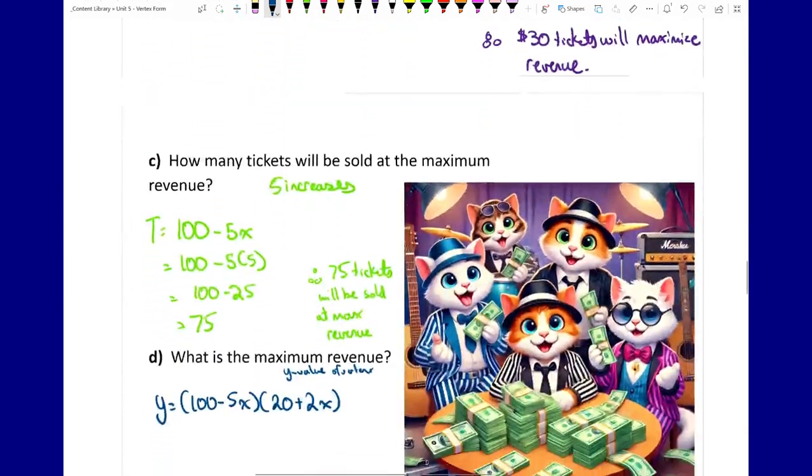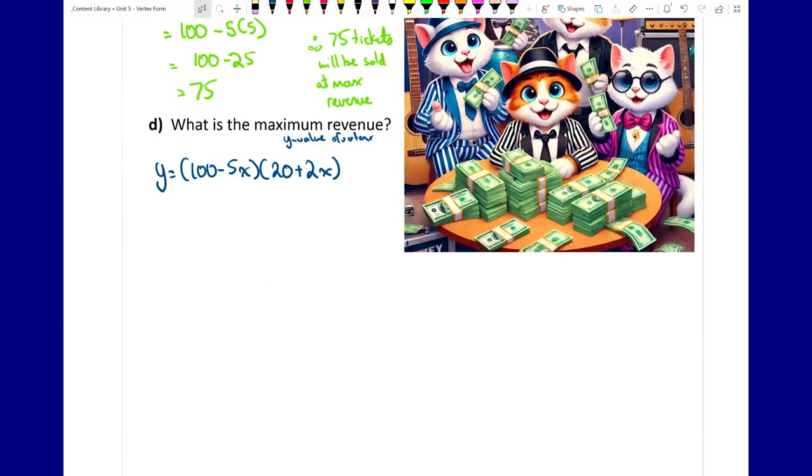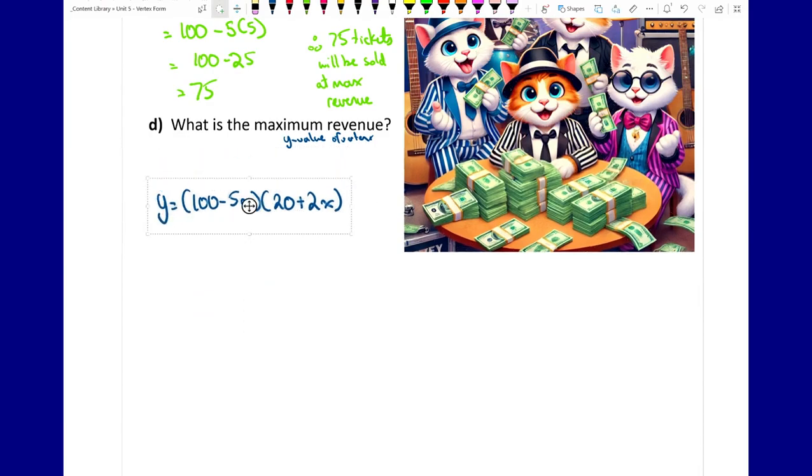So the y value of our vertex: if I know the vertex is going to be 5 and something, that means I have to plug in 5 into my equation. So 100 minus 5 times 5 times 20 plus 2 times 5.